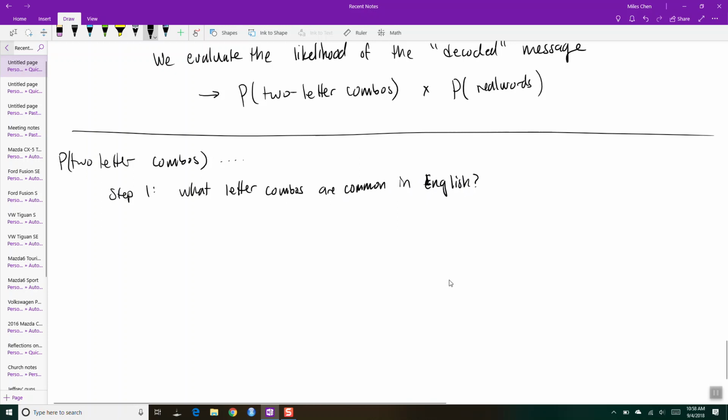Now we know TH is common, and combos that involve the letter J are going to be uncommon because J is just not that popular a letter, right? You know, JA or something.